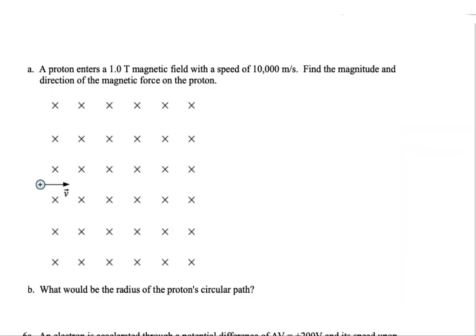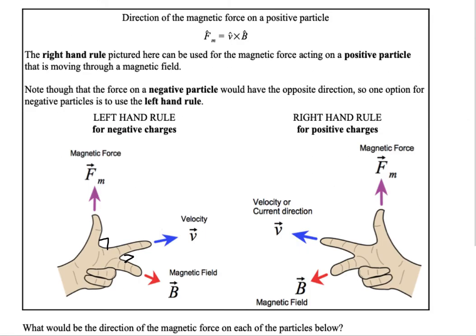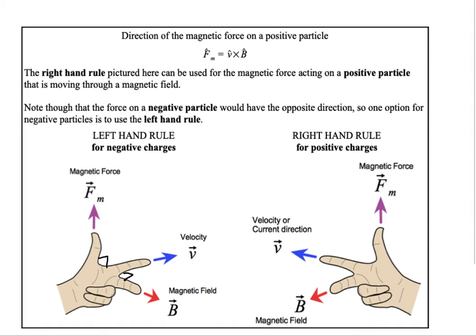It's actually a picture of it above. In the right-hand rule, you see the first part of the cross product is your pointer. The second part is the middle finger.